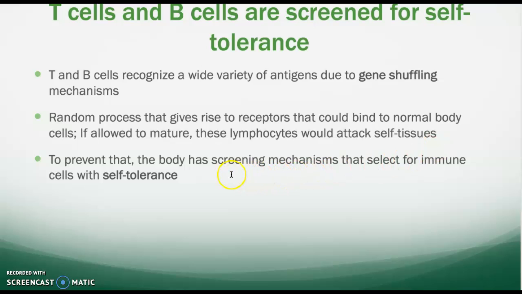So we have a mechanism to screen for those that recognize self, and we look for ones that are tolerant of self, meaning that they will not attack our cells. So that's a really important thing, to make sure that we don't have that. And that's sometimes what happens where we have autoimmune disorders, is that the body is actually making immune cells that are not self-tolerant.